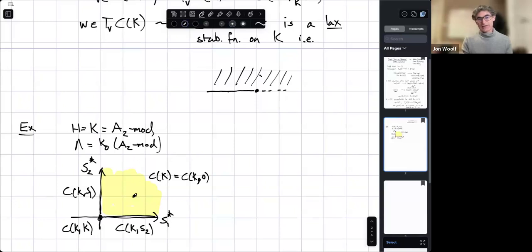How about this tangent cone construction? Well, the tangent cone here, the kernel subcategory is 0, so we're allowed any vector which is positive on 0. That's all of them. So the tangent cone is the whole R2 for a point in the interior. If we're on this face, the kernel subcategory is that generated by S2, so we have to be positive on S2.